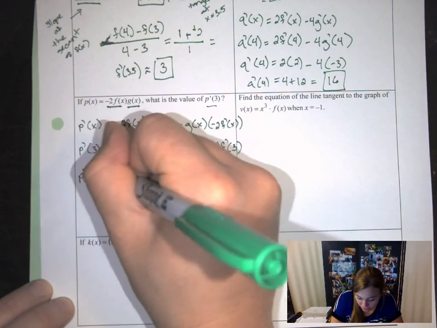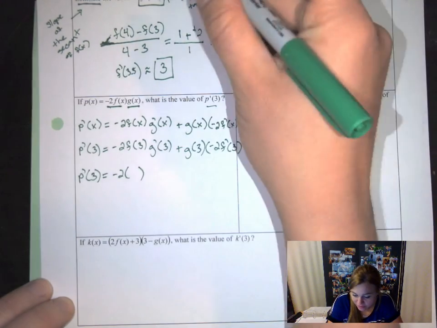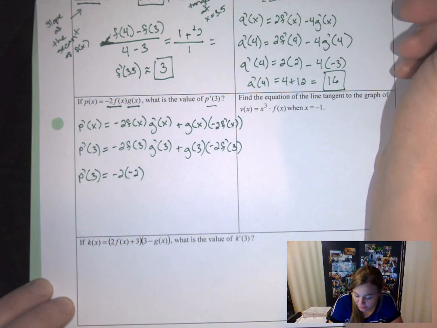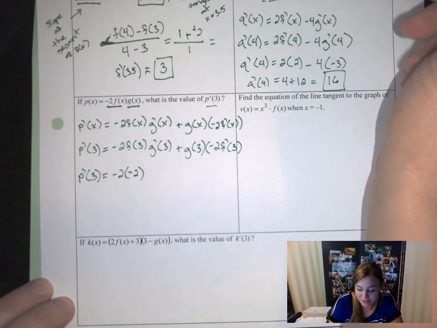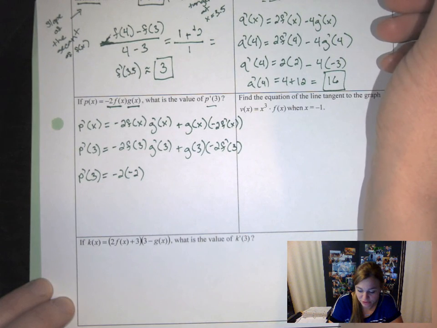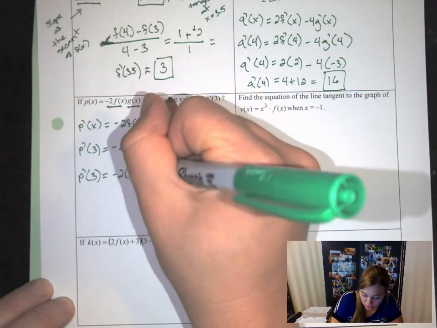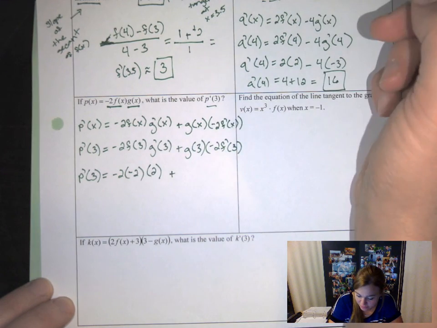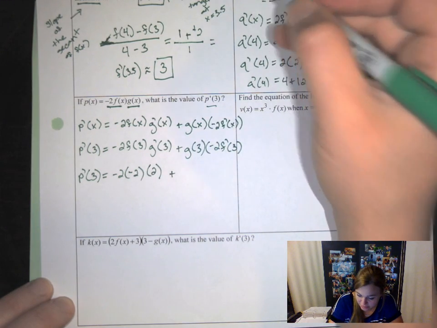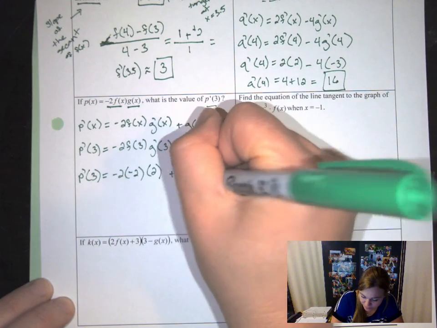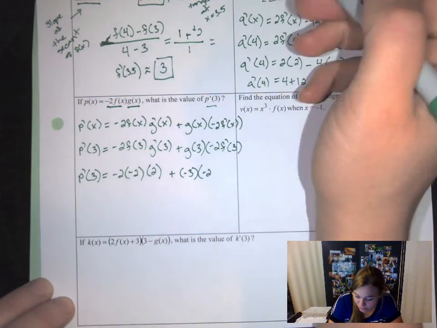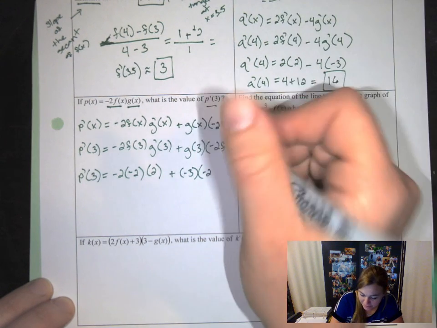Negative 2 f of 3 be negative 2. g prime of 3, I'm not moving the paper down, I'm just looking at the top on the graph on the right. So g prime of 3 is 2, plus g of 3 is negative 3. Negative 2 f prime of 3 is negative 4.